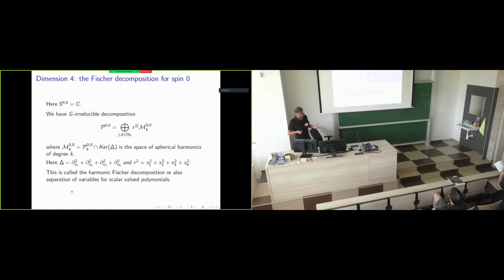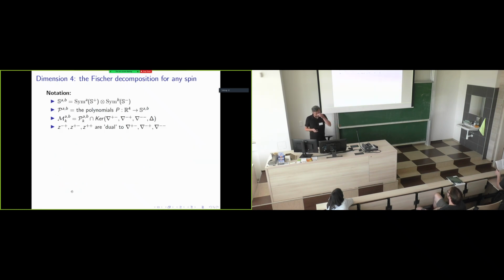In this case, we consider just complex-valued polynomials, and this space decomposes into irreducible pieces of the following form, namely this space MK00 is nothing else than the space of spherical harmonics of degree k, and it is multiplied by some power of R2, and R2 is just the square of the norm of the vector variable of R4. And this is polynomial invariant, and the dual operator is just the Laplace operator.